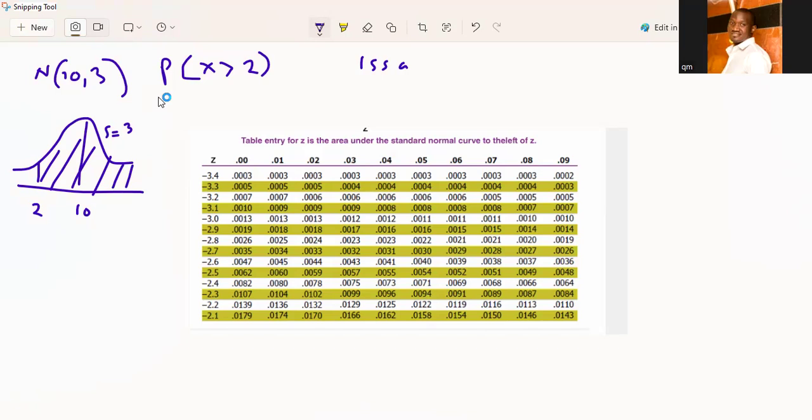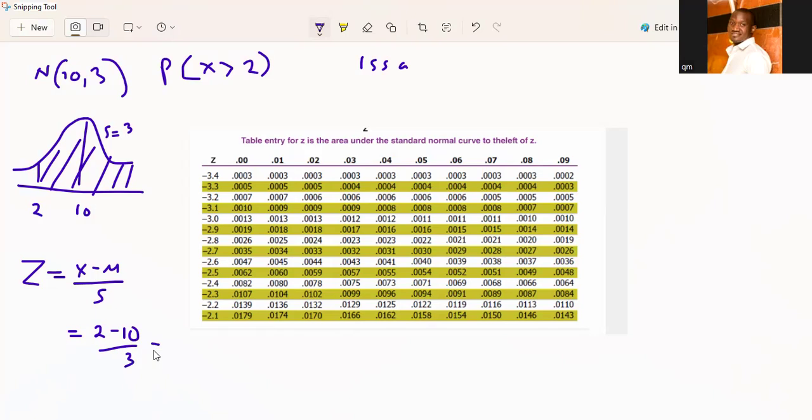Okay. So we will standardize now. How do we standardize? X minus mean over standard deviation. But X is what? 2 minus 10, which is negative 8 over 3.